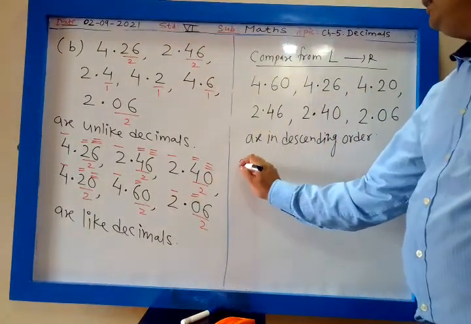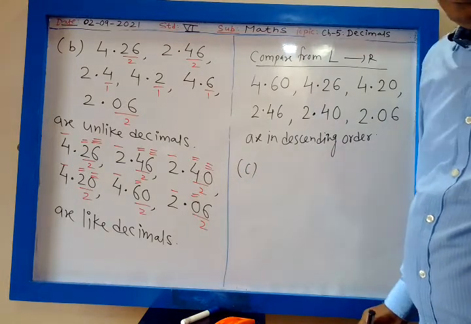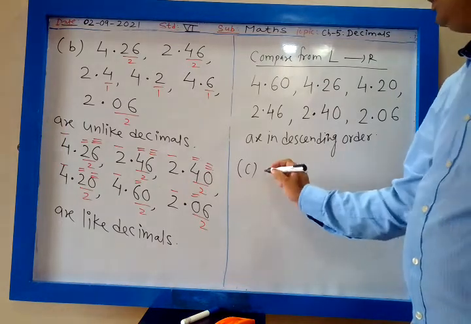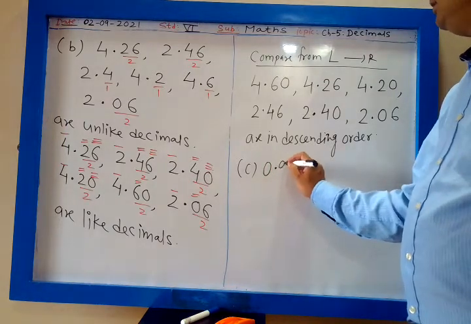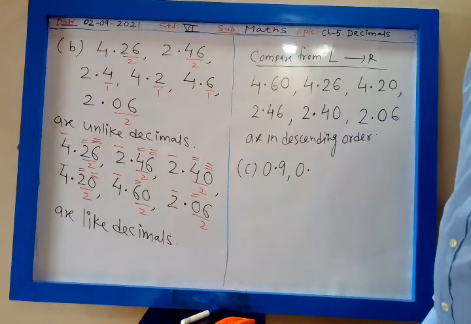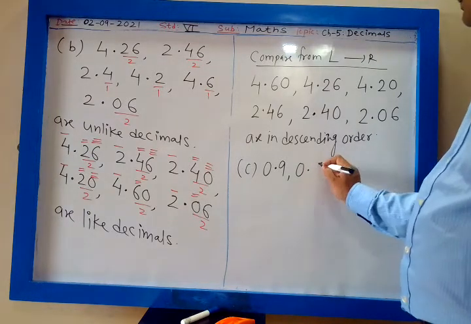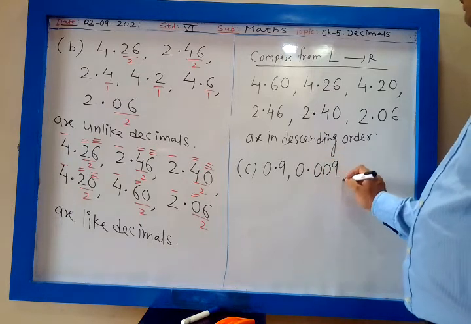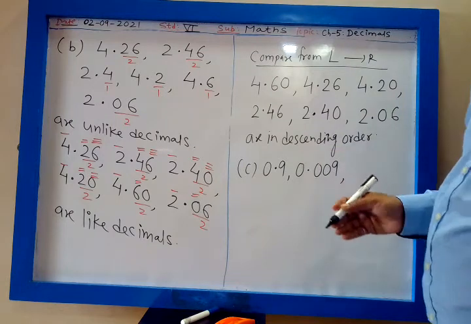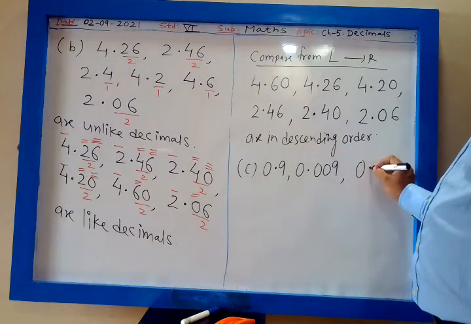Now let me write part C. C is 0.9, 0.009. Let me do this as class work. 0.09.